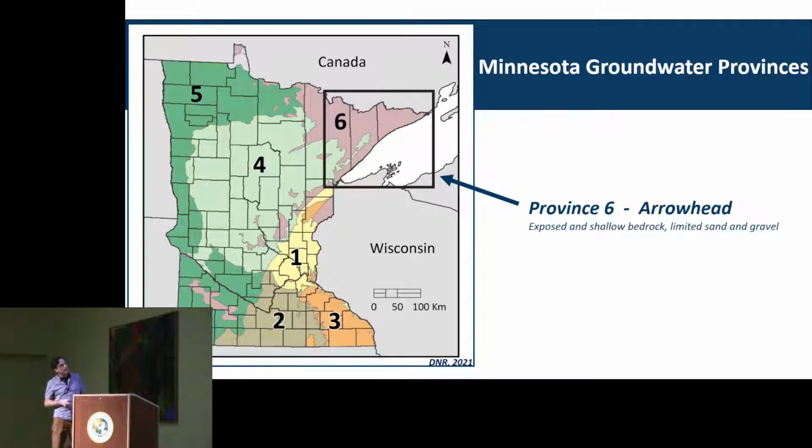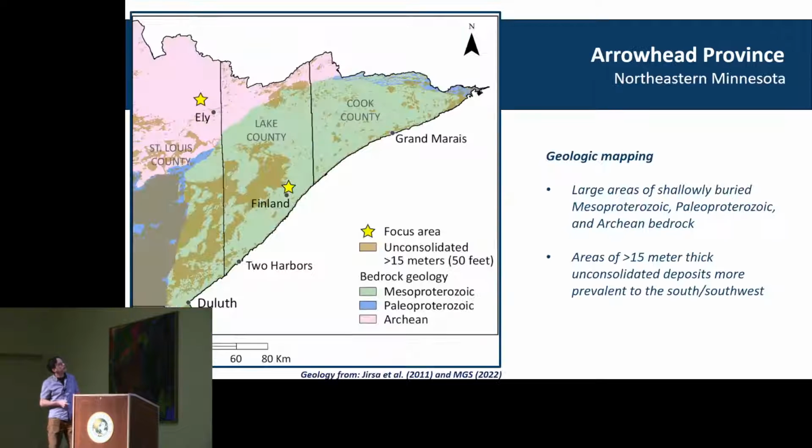Then you move up to the Arrowhead, and so we know that there's not a whole lot of aquifers available up there. We do have some good mapping. This is kind of aggregated mapping, but you're looking at crystalline rock, really old Archean rock, kind of towards Ely in St. Louis County, or Paleoproterozoic and Mesoproterozoic rocks near Lake Superior. And there's some surficial deposits on top of that.